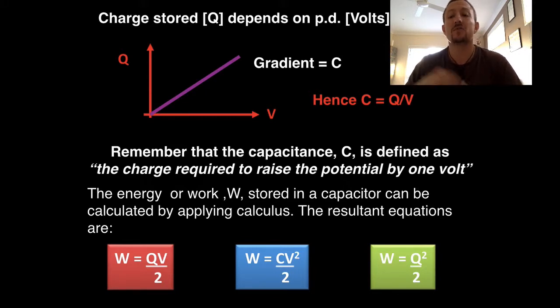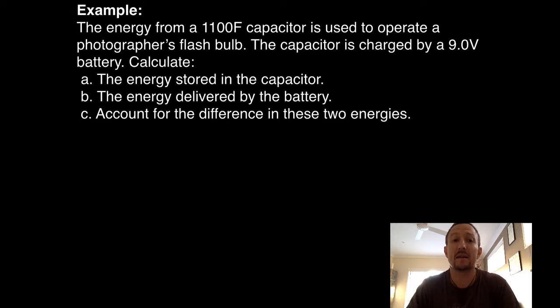All this has done is manipulate the formula, looking at the area under the curve which deals with the energy. So we can use these three equations as well as C equals Q over V to work out what the capacitance of a capacitor is and how much energy it is going to be storing. So let's look at a little example here.